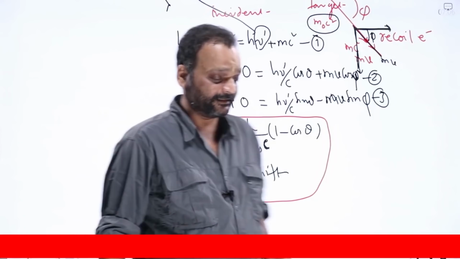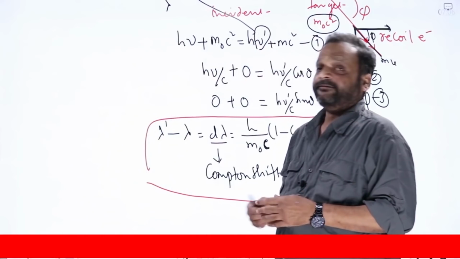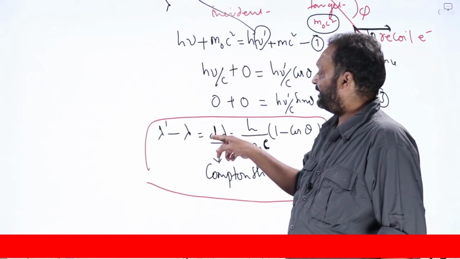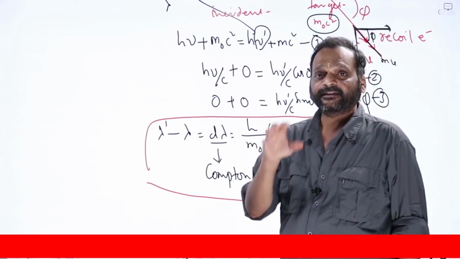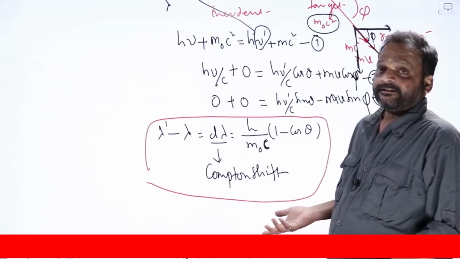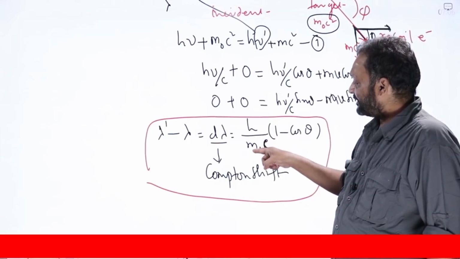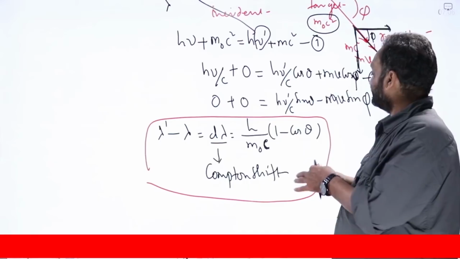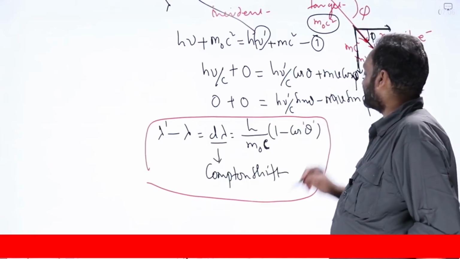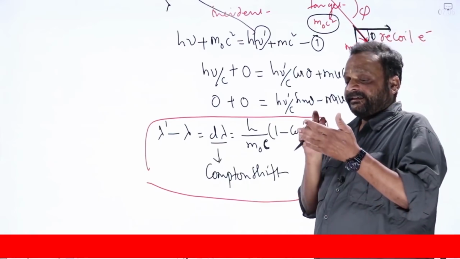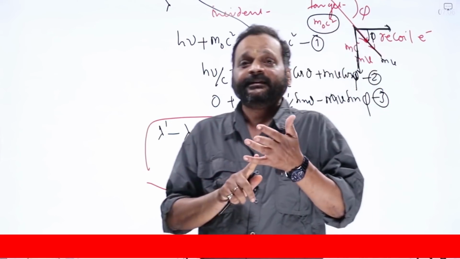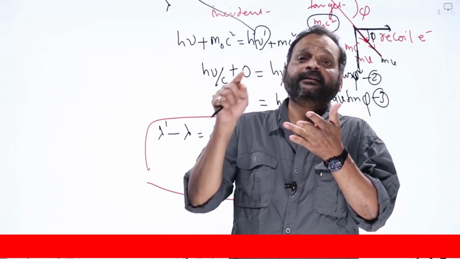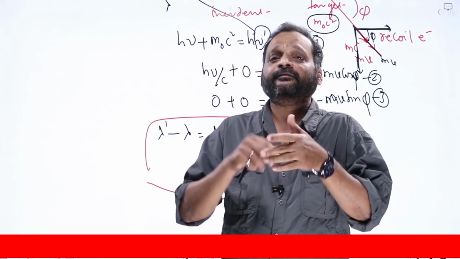Now look at this expression. What do we understand from this? The Compton shift d lambda, that is, the change in wavelength in the Compton effect, depends on what factors? h is a constant, the rest mass of the electron is a constant, c, the velocity of light, is a constant, so it depends only on the scattering angle theta. It is independent of the nature of the target, independent of the incident wavelength, and independent of all other factors.